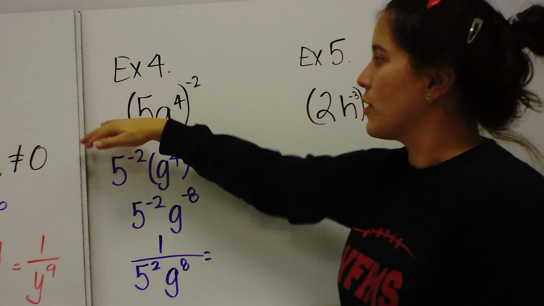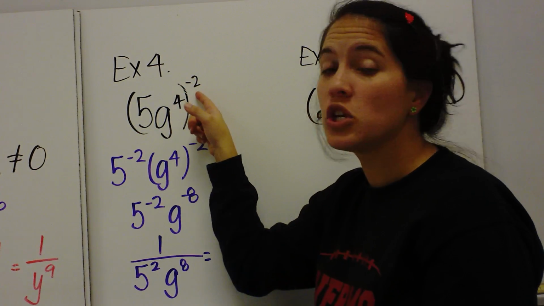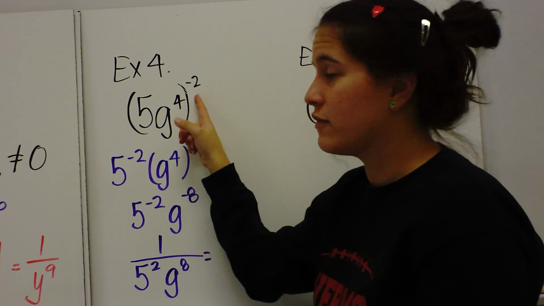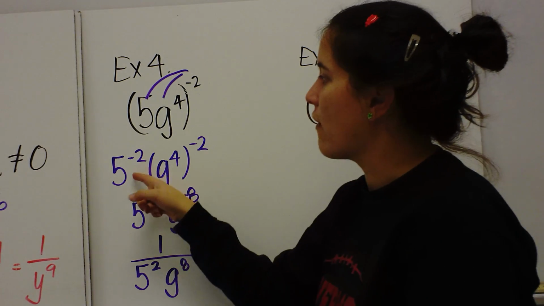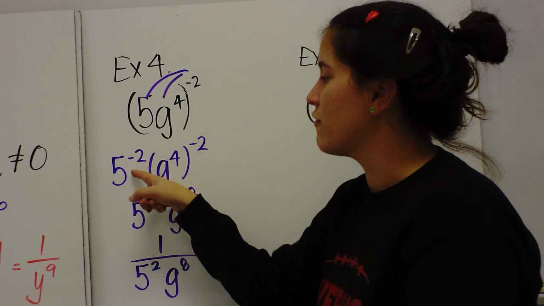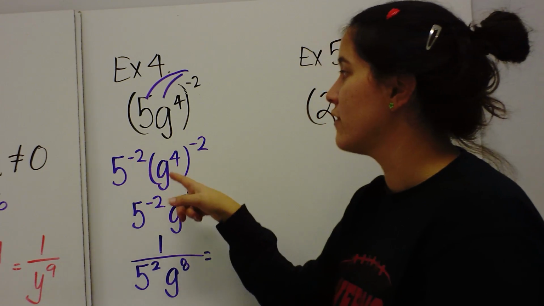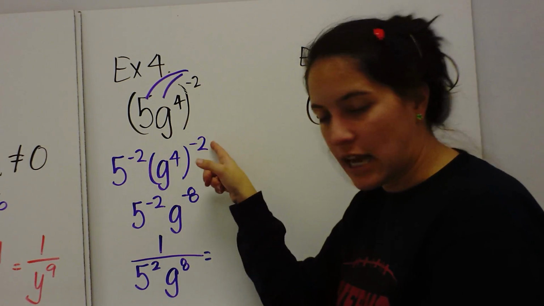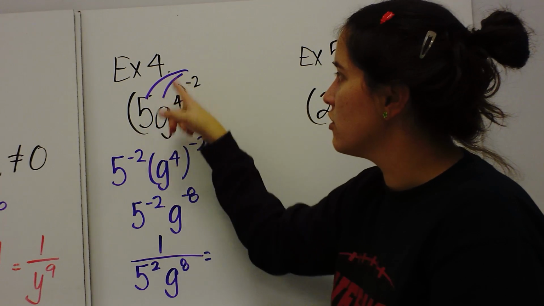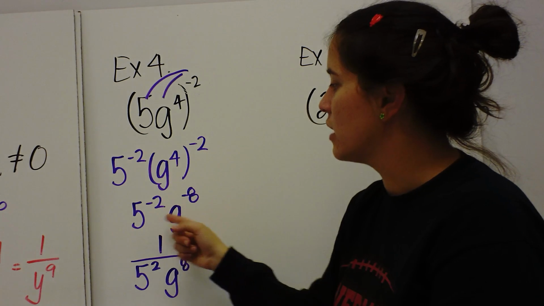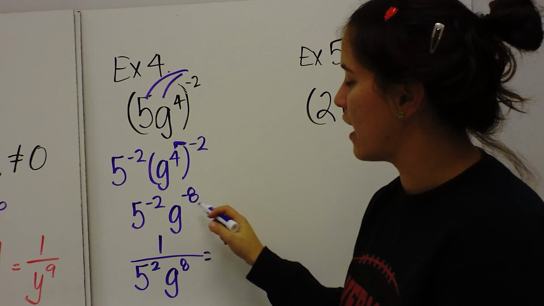So here we go, example 4, 5g to the 4th power raised to the negative 2 power. So we have a negative. We have to distribute to both. So now I have 5 to the negative 2nd power, and I have g to the 4th to the negative 2 power. I'm going to multiply 4 and negative 2, and I get negative 8.